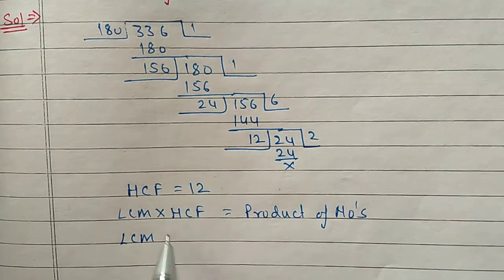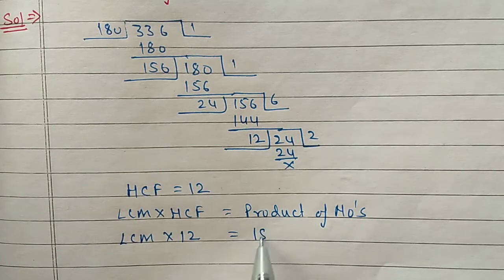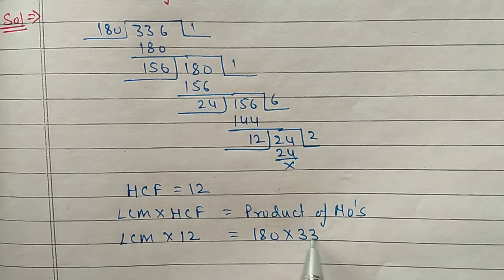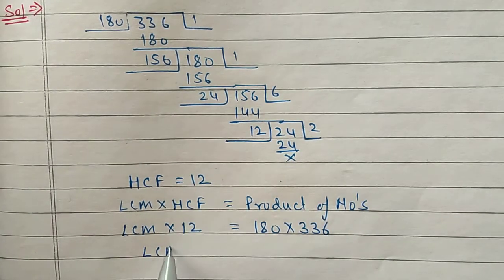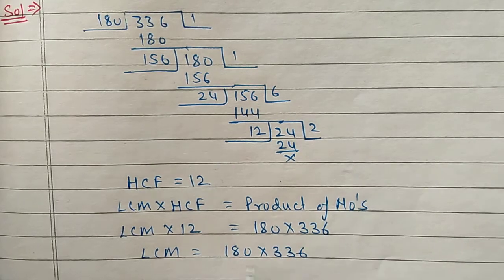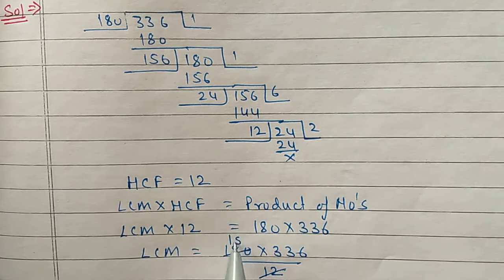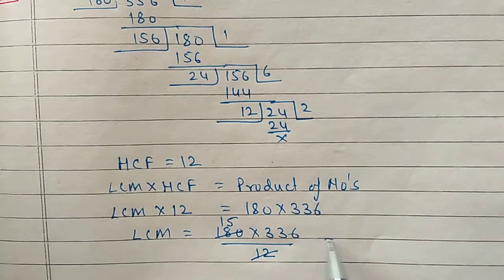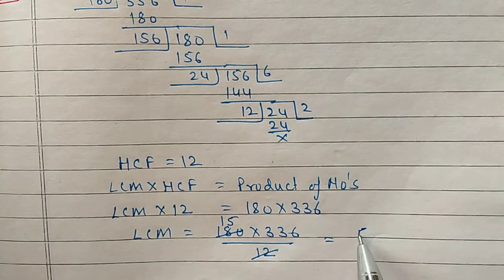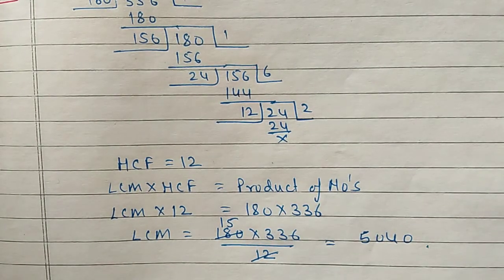LCM we don't know, HCF we have calculated as 12, and the product of the numbers is 180 into 336. So LCM will be 180 into 336 divided by 12. Cancel with the table of 12: 12 1s are 12 and 12 5s are 60. Then multiply these two numbers and you will get 5040, which is the LCM of these two numbers.